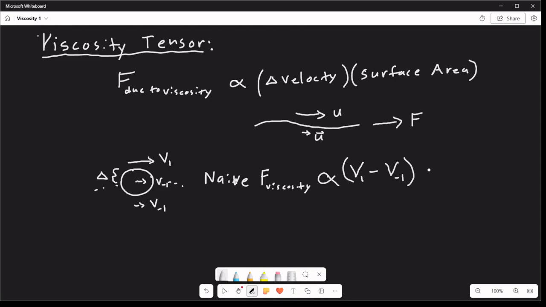Another way of looking at this in the differential form is that this would be equivalent to delta, which is this distance, times the change in u_x over the change in y. So V1 and V are essentially different u_x values.